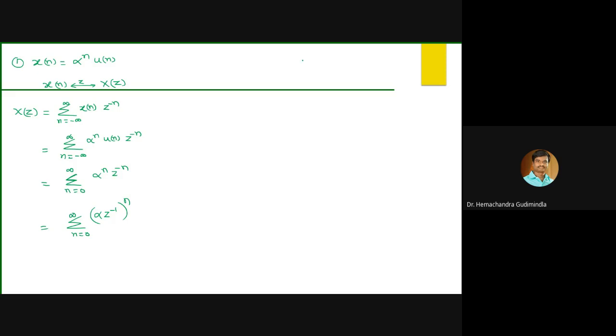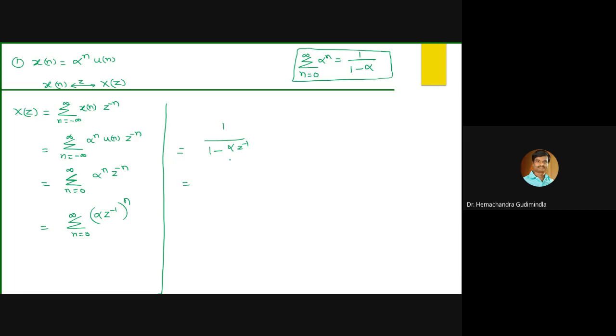Now again you recall the formula: summation n equal to 0 to infinity alpha power n is 1 by 1 minus alpha. Use this formula. So what you will get is 1 by 1 minus alpha into z inverse.